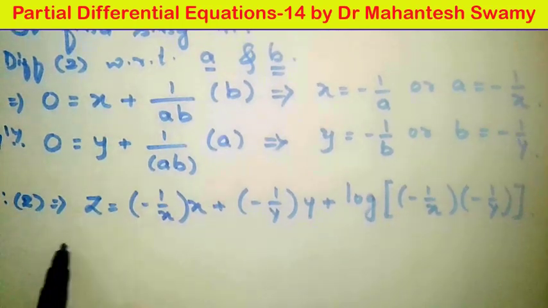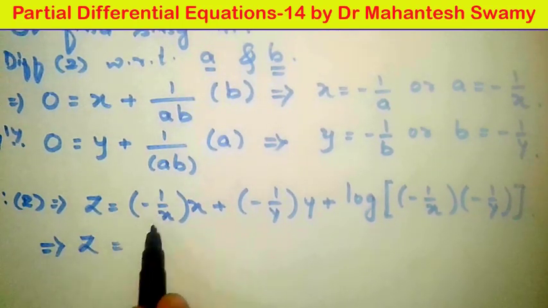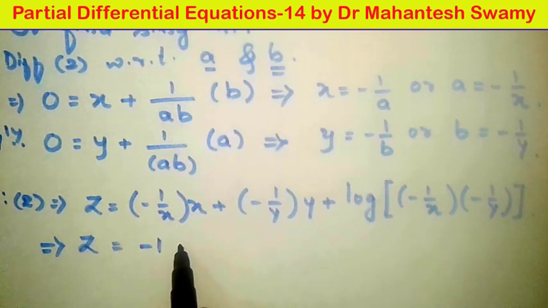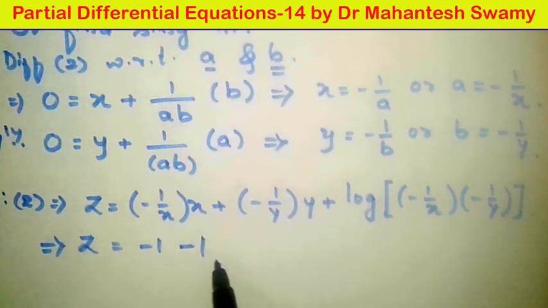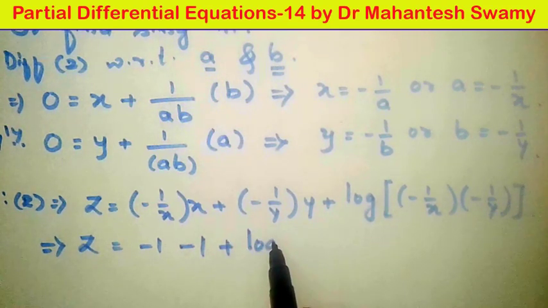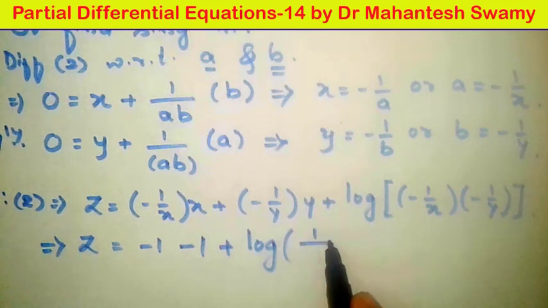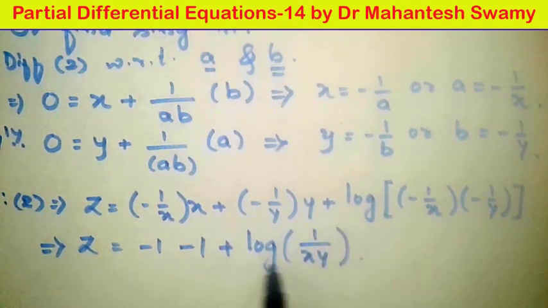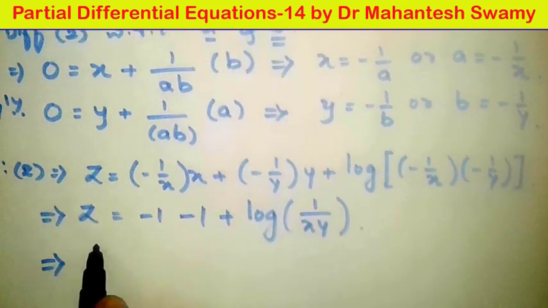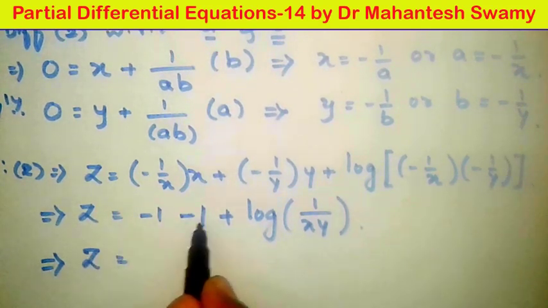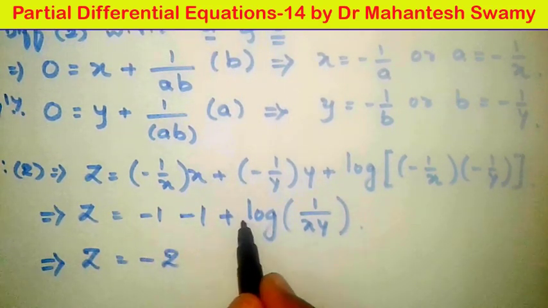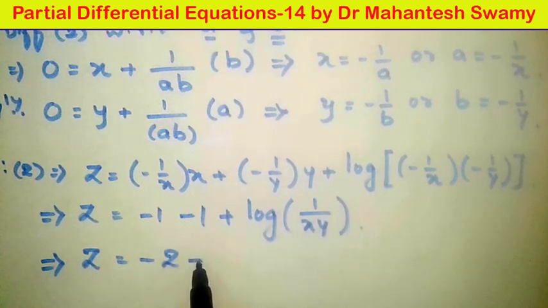In the next step, this implies z equal to, x cancelled, minus 1, minus sign here, y cancelled, minus 1, minus minus plus, it is log of 1 by x into y. Let us multiply them together, so it is log of 1 by xy. Finally we write the required singular integral, z equal to minus 1 minus 1 plus log of 1 by xy, which becomes minus log of xy.